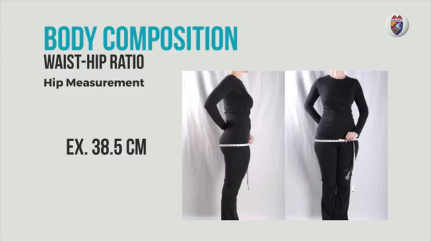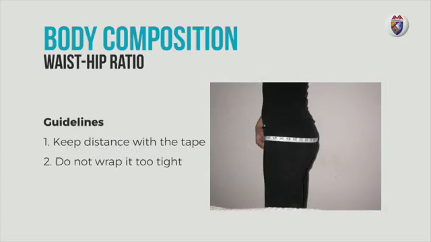Example is 38.5 centimeters. Just the same with your waist measurement, in order for you to get more accurate results, you should make sure that there is at least a finger or 2-finger distance between the tape measure and your body. Do not wrap the tape measure too tight on your hips or else your results will become inaccurate.